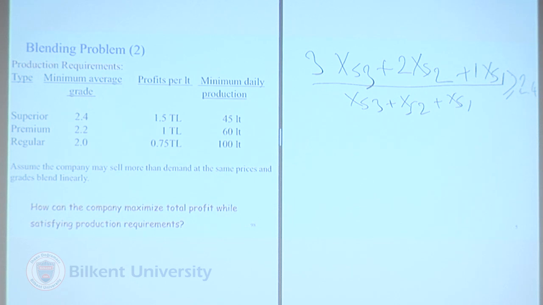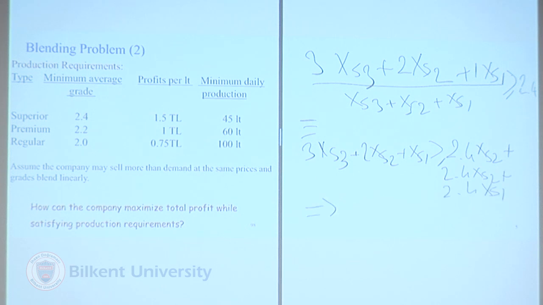Clear? Now this doesn't look as if it was linear. I told you, remember, at the very beginning, additivity and divisibility and certainty. So we have to have linear functions. Even though this does not look linear, it is, because this is equal to 3xS3 plus 2xS2 plus xS1 is at least 2.4xS3, 2.4xS2, 2.4xS1.